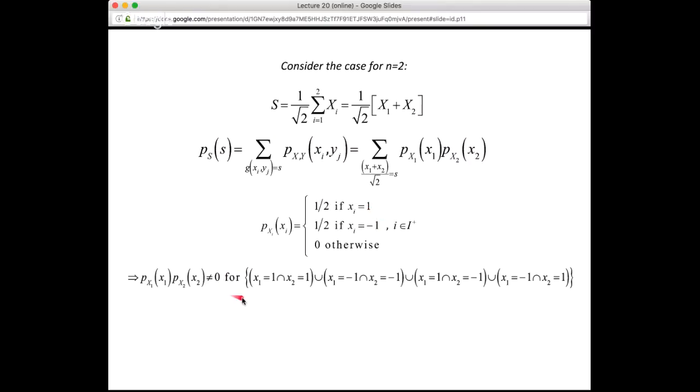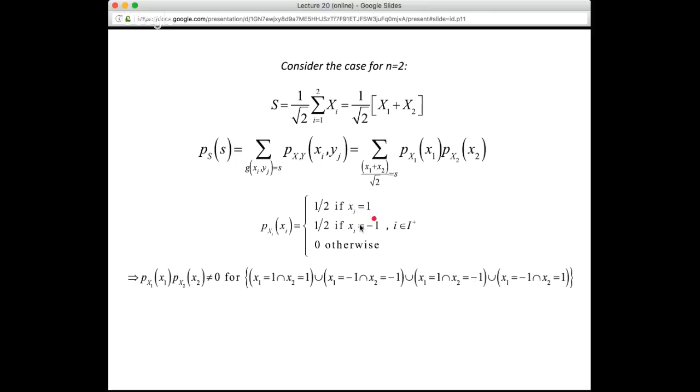We can write that out explicitly by saying that the product inside the sum is going to be non-zero over the following union of events. When x1 intersected with x2, so both x1 and x2 are equal to 1, or x1 is -1 and x2 is -1, so that would be the case where both are -1, unioned with the case where x1 is equal to 1 and x2 is equal to -1.